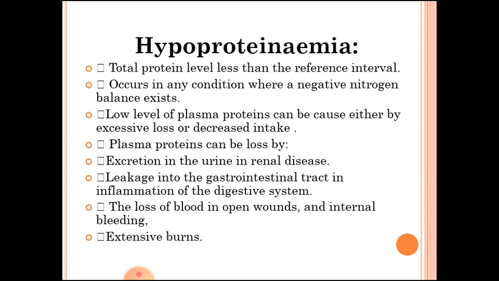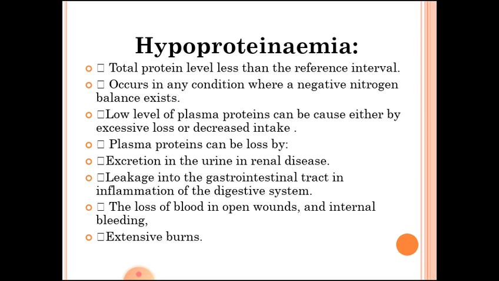Firstly, hypoproteinemia means decreased protein in plasma: total protein level less than the reference interval. The normal range or reference interval for plasma protein is from 5.5 gram to 8.8 gram per deciliter.